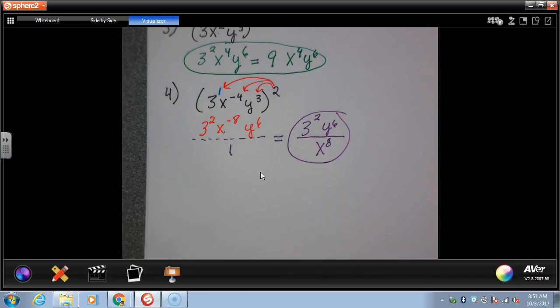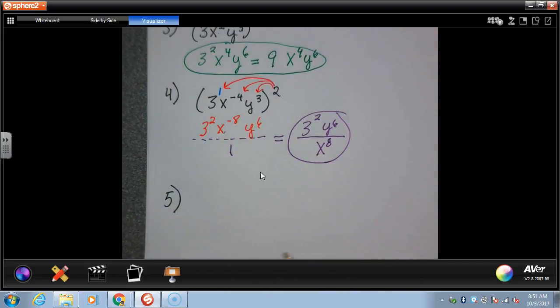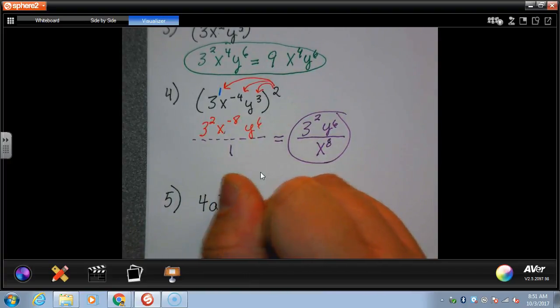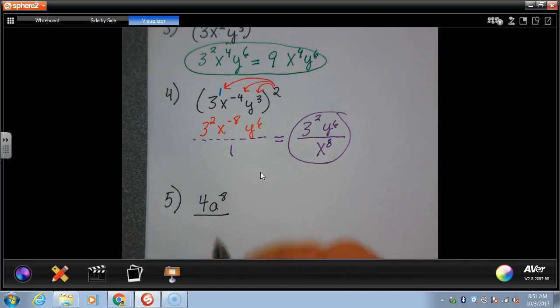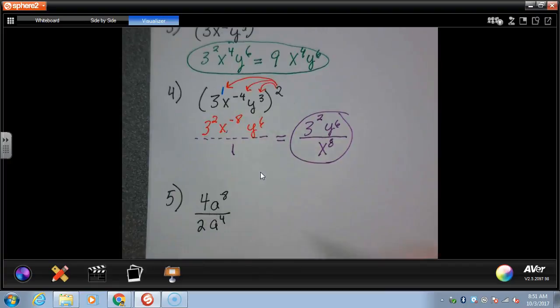Number 5. I have 4a to the 8th over 2a to the 4th. What does my property say about division of powers? Subtract the exponents.